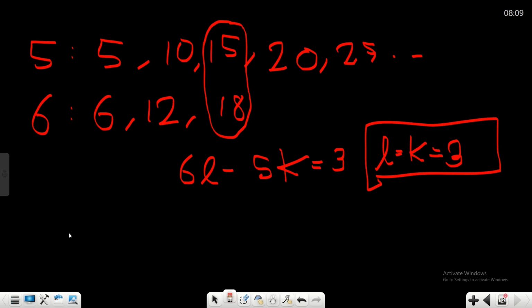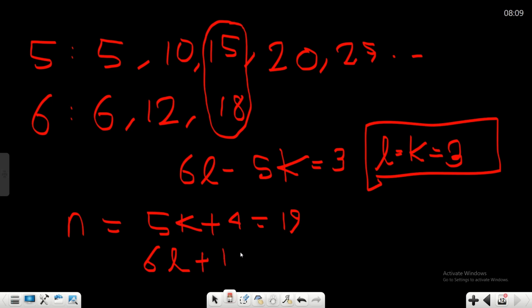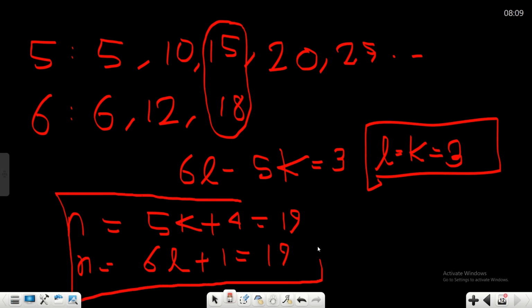So finally we get that n is equal to 5k plus 4, which is 15 plus 4, which is 19. If you use 6l plus 1 as well, here also you will get 19. N is equal to 19. So the final answer for this question is n is equal to 19.